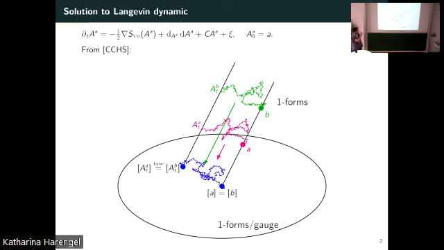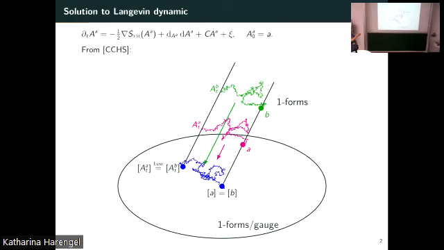So in 2 and 3 dimensions, if you consider this now very familiar Langevin dynamic that we've tortured you with for the last 2 talks, with this extra de Turck term, and you renormalize in a very special way, choosing this renormalization constant in a very particular way, then if you start the dynamic from 2 different points, A and B, the evolution in the space of 1 forms of these 2 paths will of course be different, and they're not going to be equal in law.